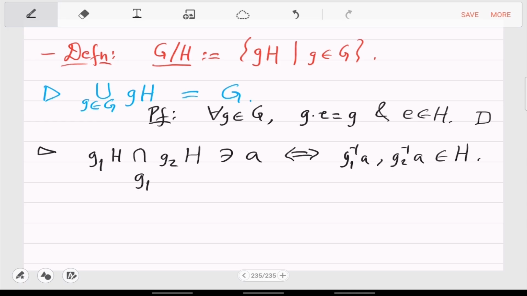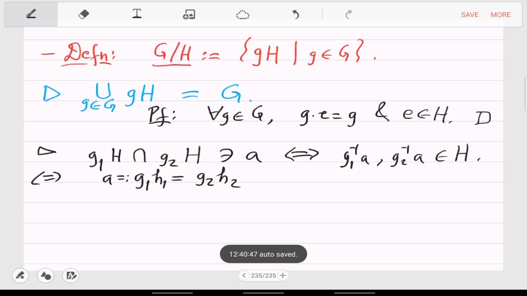So G1 U1 is equal to G2 U2, which is equal to A. In fact, let's just call it H because it's coming from big H. So basically, A is equal to G1 H1 from the first subset, and A is equal to G2 H2 from the second subset.